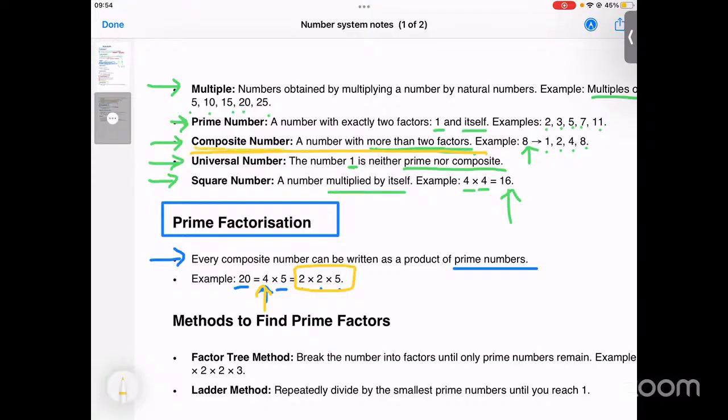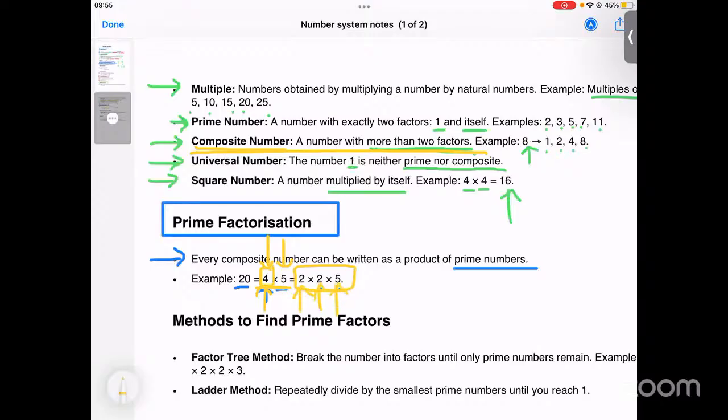But we don't want to write it in this format where you have a composite number and then also a prime number like 5. In this case, 4 is a composite number, and then 5 is a prime number. So we break down this composite number into a prime number, a prime number, and a prime number.